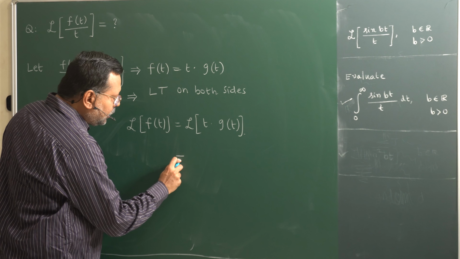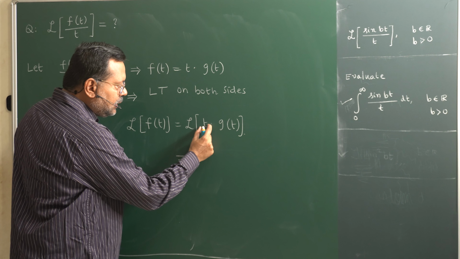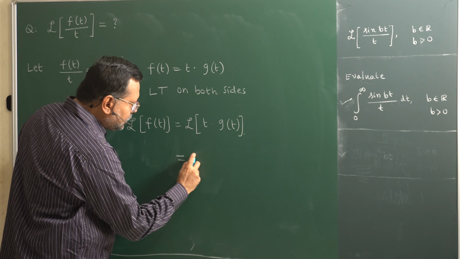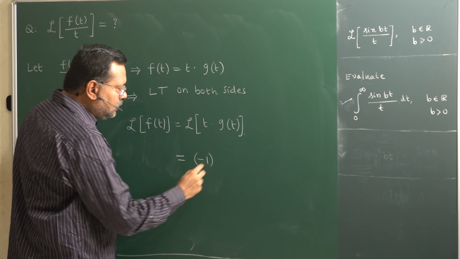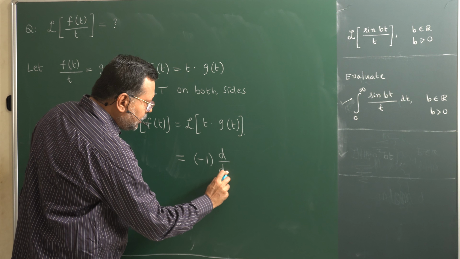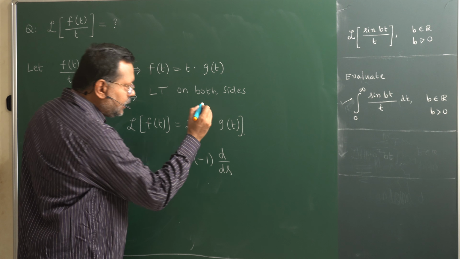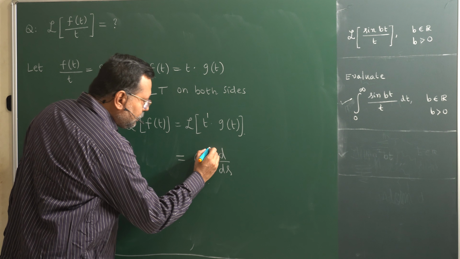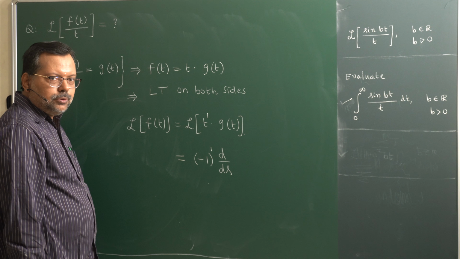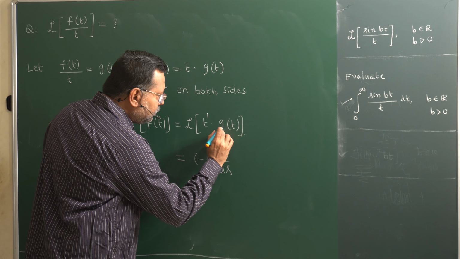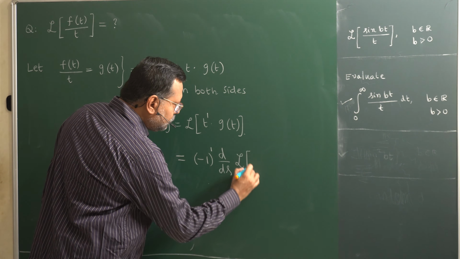So now you know how you write this multiplication factor. This multiplication factor will be converted to -1 multiplied by the first derivative. It is the first derivative because this is t to the power 1 here. So this is therefore -1 to the power 1 times the first derivative of Laplace transformation of g of t.